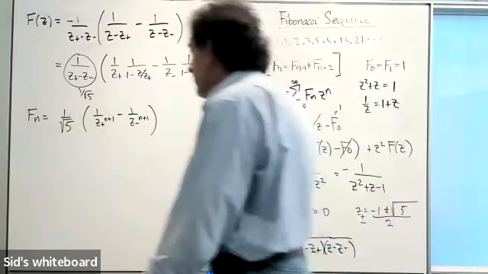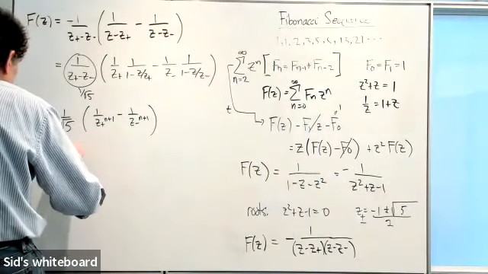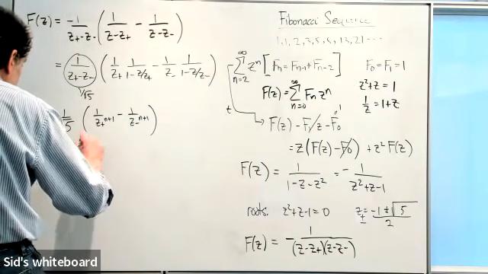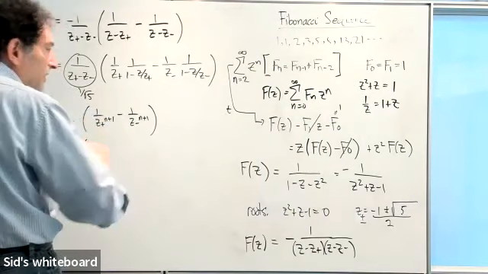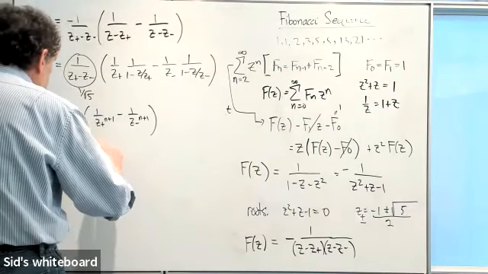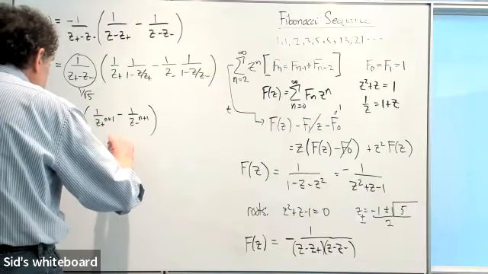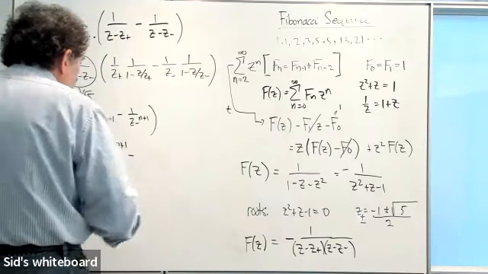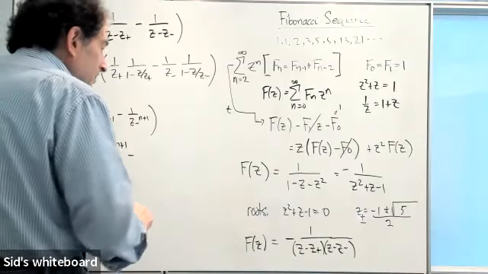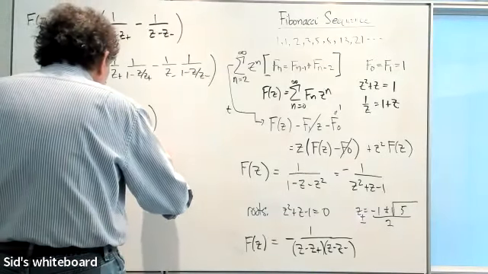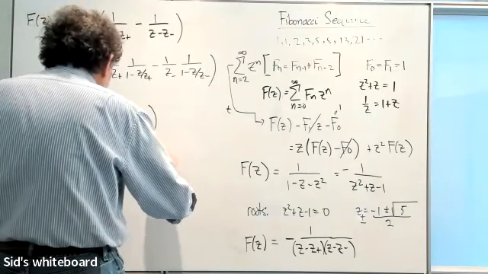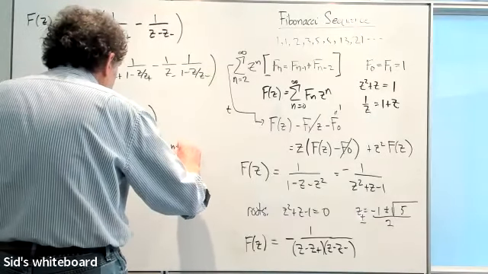So what we have after all of this is done is we're going to have 1 over root 5 times 1 plus the square root of 5 over 2 to the power n plus 1, minus 1 minus the square root of 5 over 2 to the power n plus 1.